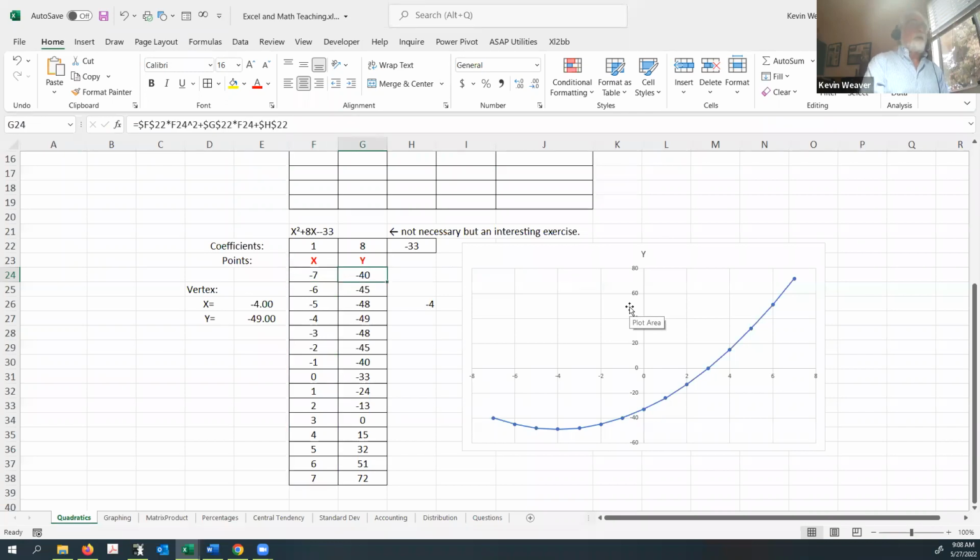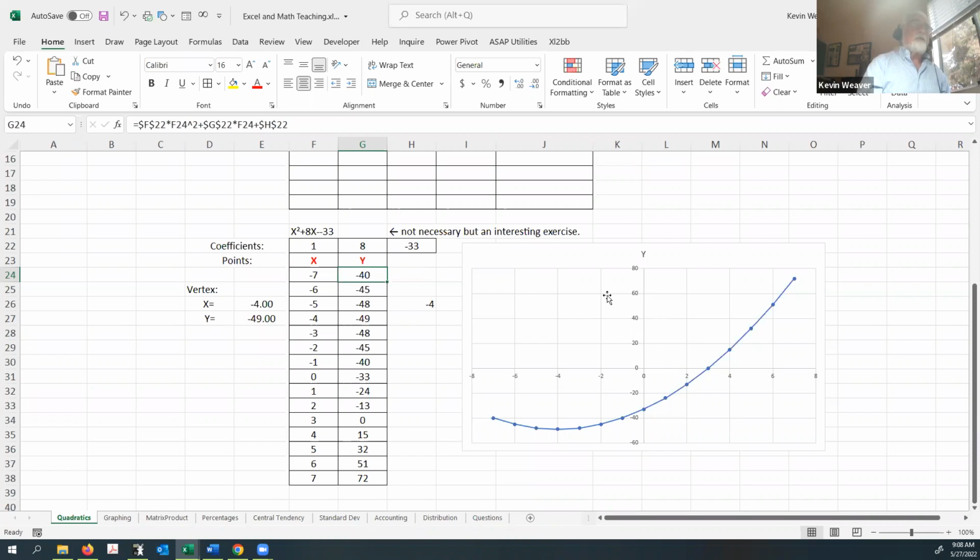Then we program the Y coordinate by simply taking the corresponding X coordinate, which is in F24, and squaring it, multiplying it by the first coefficient, adding that to the X value times the second coefficient, and adding that to the third constant.